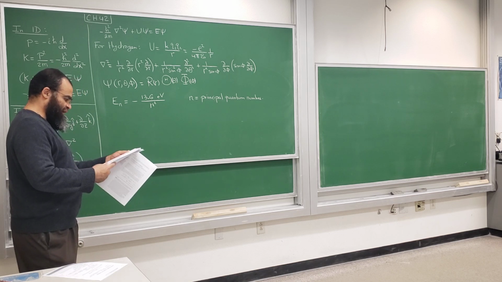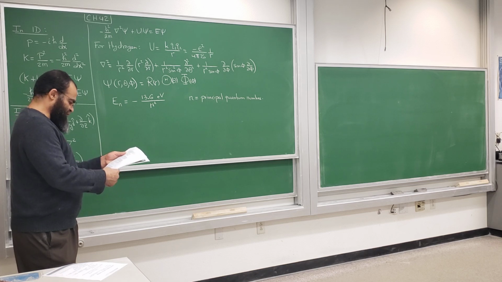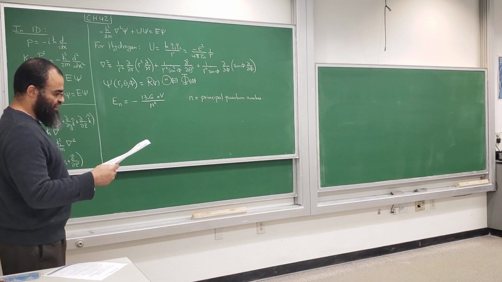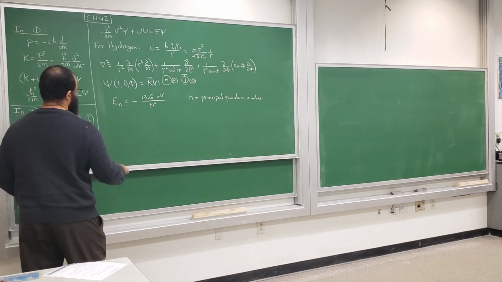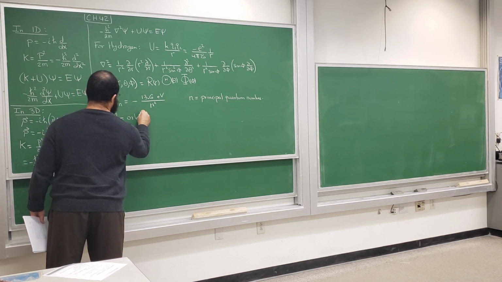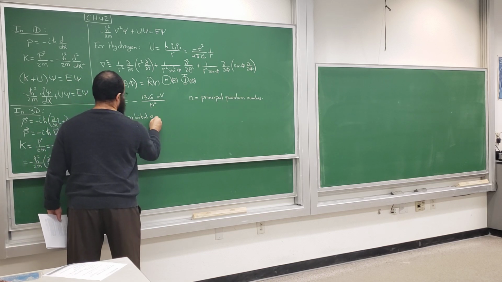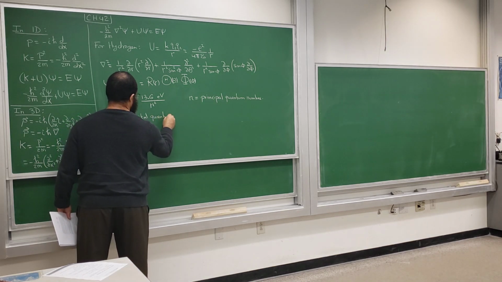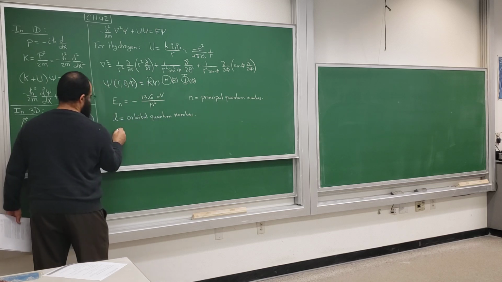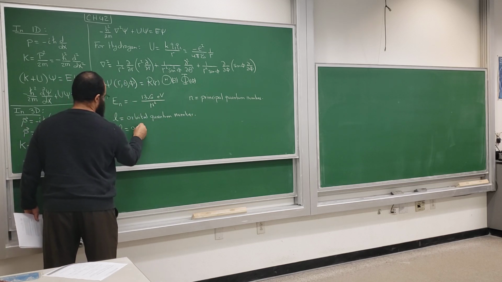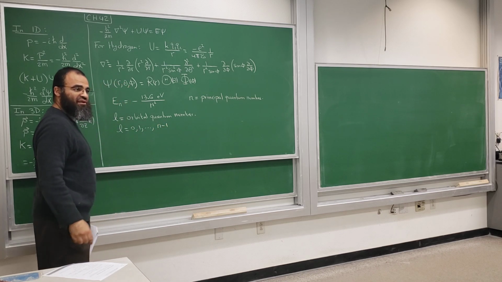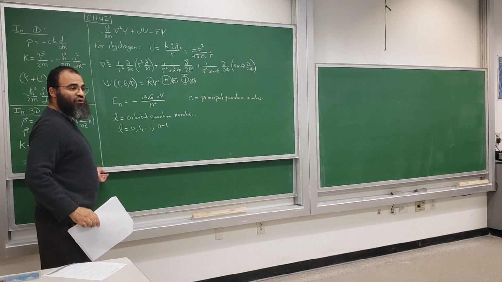So capital N was the principal quantum number, and then the orbital quantum number will have a letter l here. It's given by this: l is equal to 0, 1, all the way to n minus 1. It's always one less than n. It starts at 0 and then goes all the way to n minus 1.